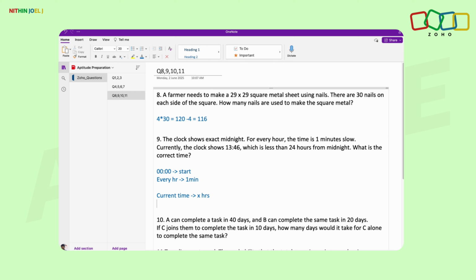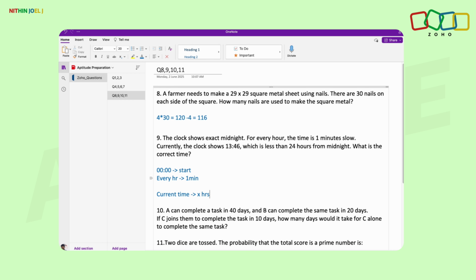This can be converted by multiplying it by 60, so 60 into x, which is 60x. So 60x is minutes. Why are we multiplying by 60? Because we have 60 minutes in 1 hour. So we are just multiplying 60 with the hours to get the minutes. So our current time is 60 into x minutes.